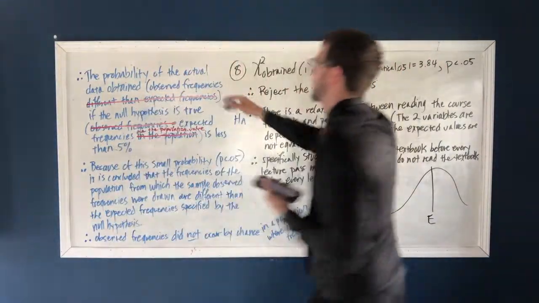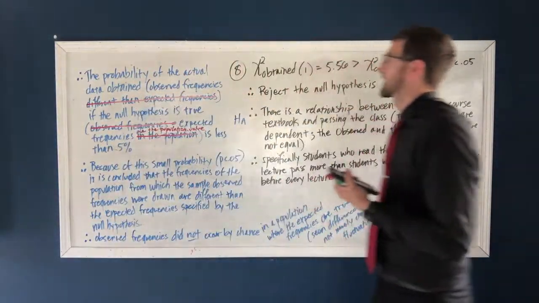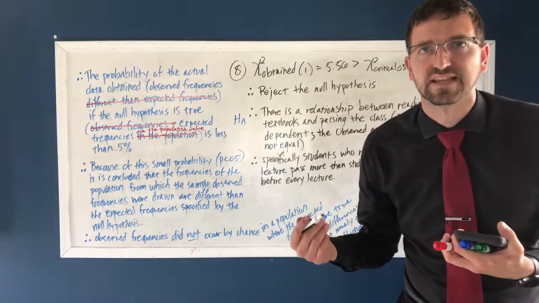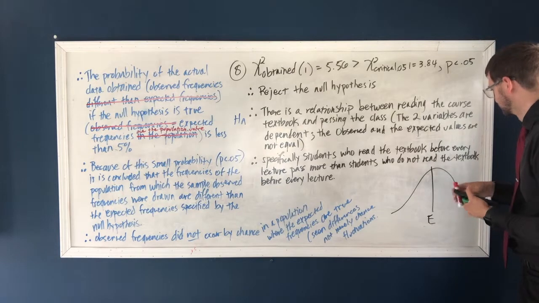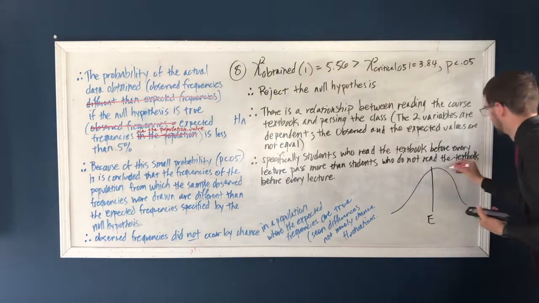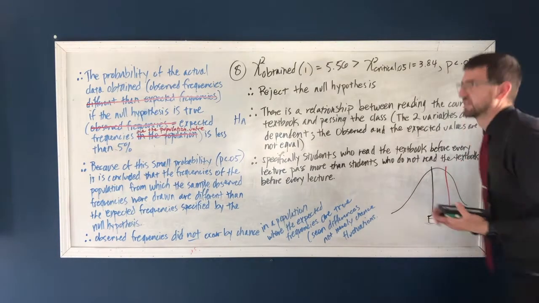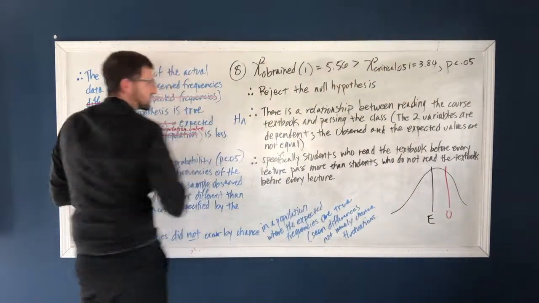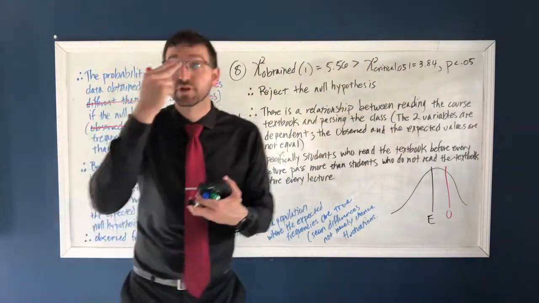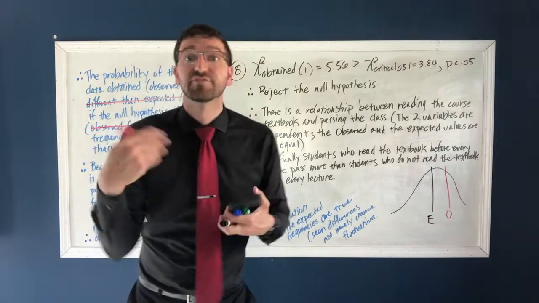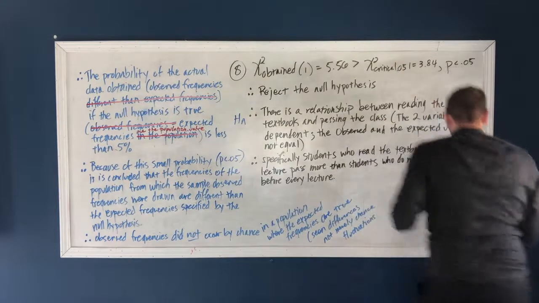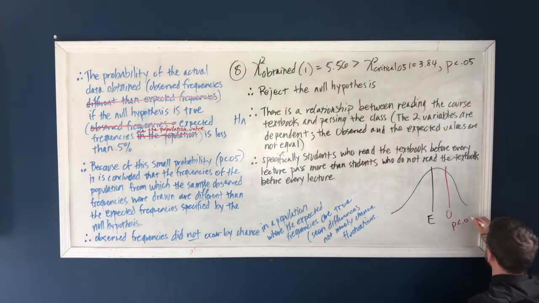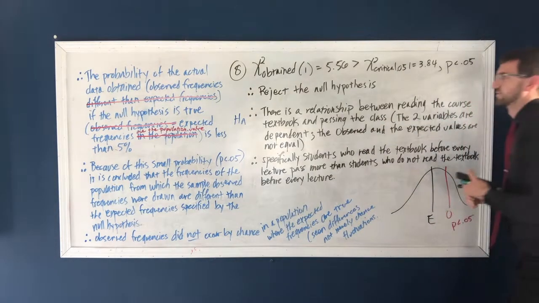So the probability of the actual data obtained, okay, if the null hypothesis is true, so represented by the expected values, is less than 5%. So here we got the observed values. So the probability of us getting the observed values that we got if the null hypothesis is true is less than 5%. Okay, p is less than 0.05.